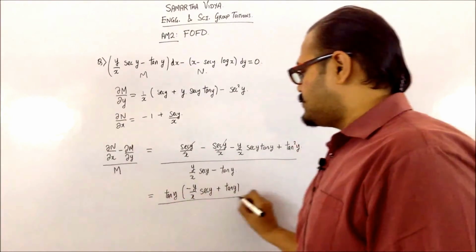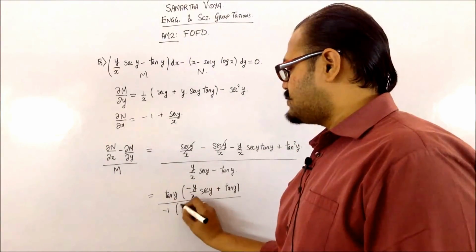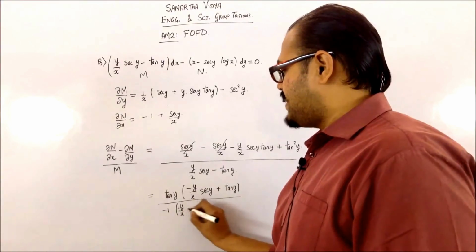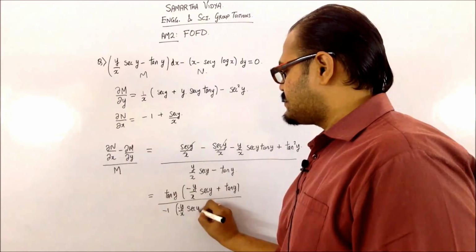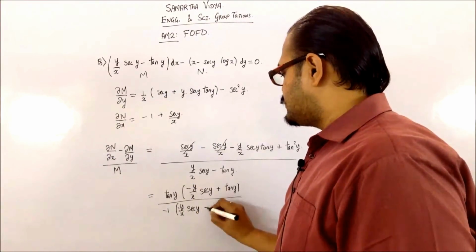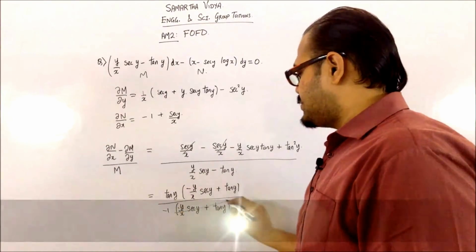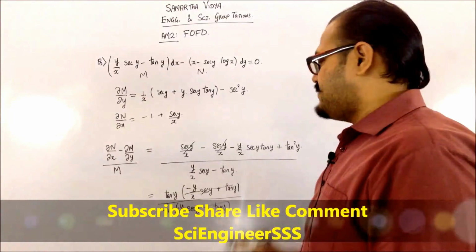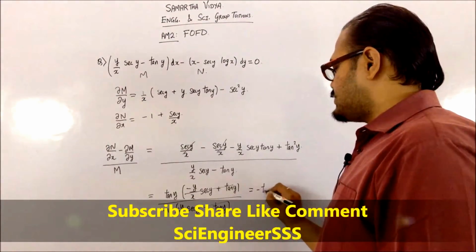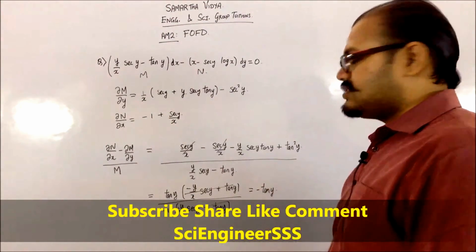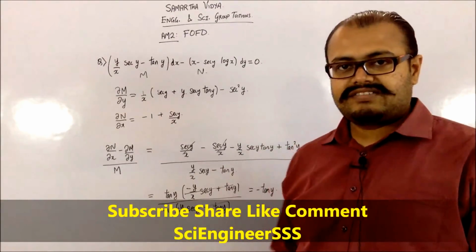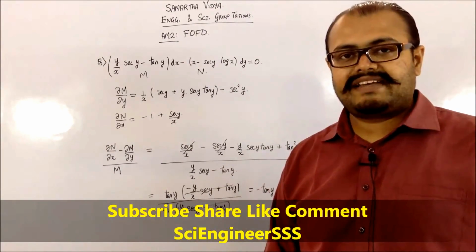And if from the denominator we take the minus 1 common, that becomes minus y by x sec y plus tan y. So this particular term gets cancelled and we land up with a function which is tan y. This is nothing but your f of y. So this particular rule is applicable.